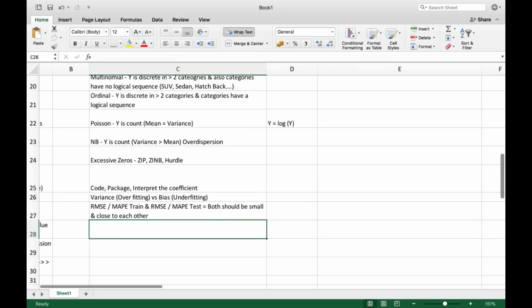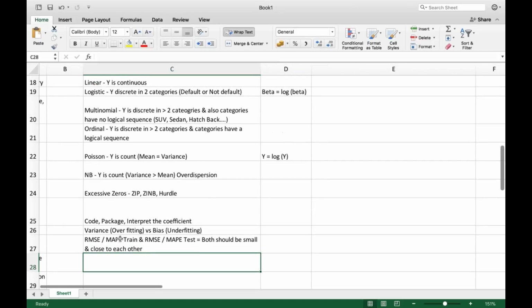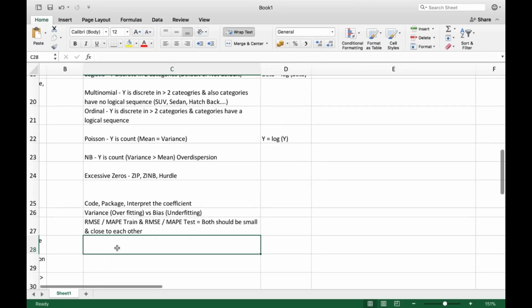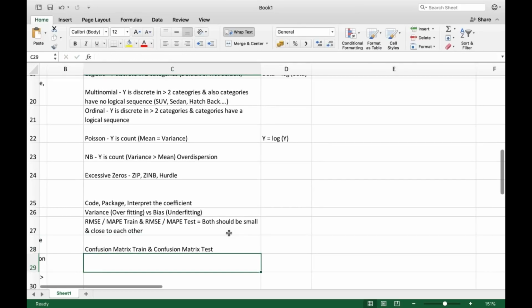Okay. This is fine. All this is fine. But what do I do if I have categorical data in two categories? Then you have something called a confusion matrix. You'll have a confusion matrix for training data and a confusion matrix for test data. Once again, the same. Both should be small and close to each other.